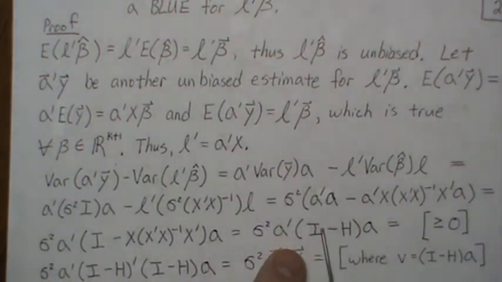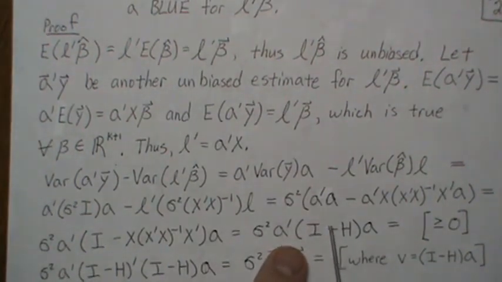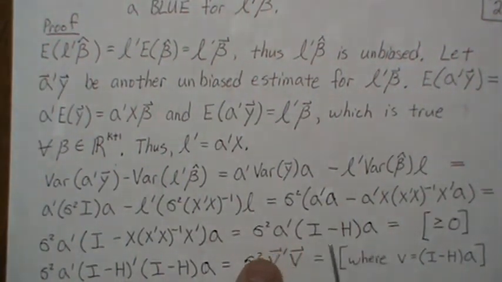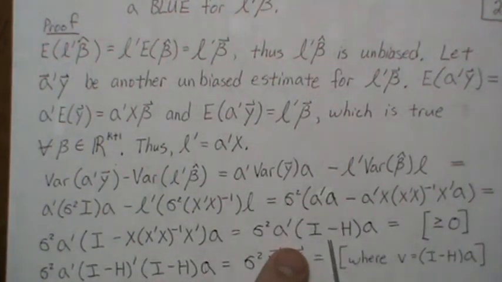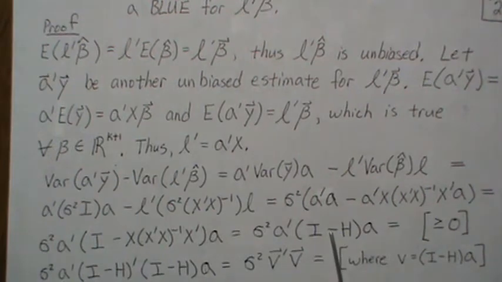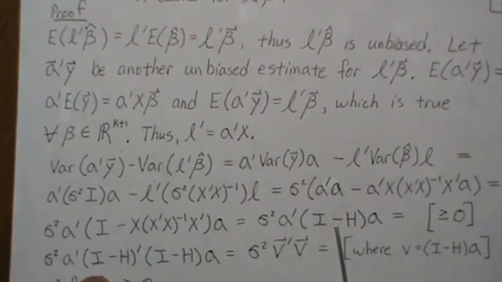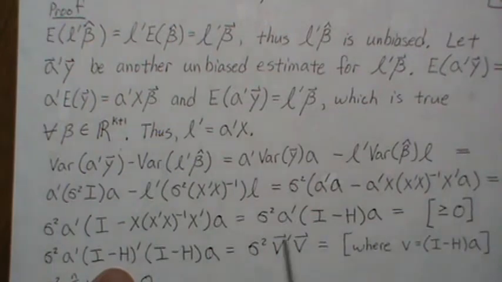And now, since this is a perpendicular projection matrix, more specifically it's idempotent, we can instantly say this has to be greater than or equal to 0, because an idempotent matrix is always positive semi-definite. But let's show that. Since this is idempotent and symmetric, it's equal to this times itself.